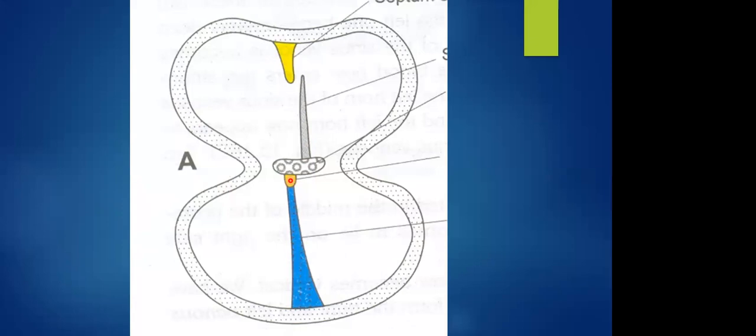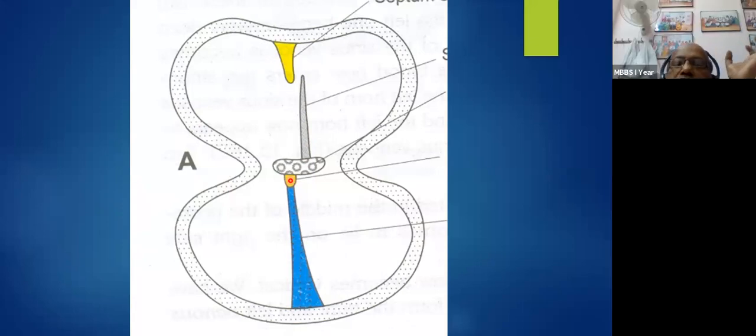Now you already know that the proliferation of septum intermedium is involved in the development of the atrial septum as well as the ventricular septum. Isn't it? Yes or no? Septum intermedium is involved in the development of the intra-atrial septum as well as the interventricular septum.